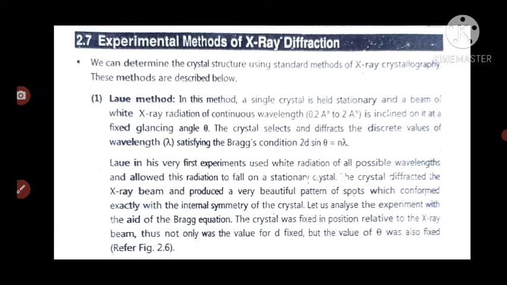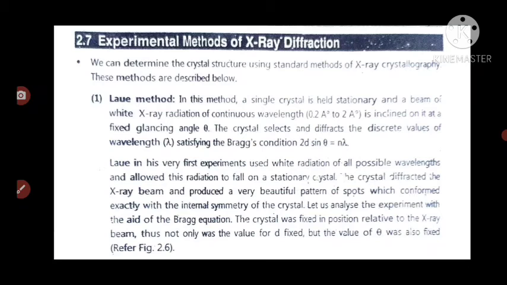That means that in this method, your crystal material is stationary, and the X-ray beam which is incident on this crystal material has wavelengths in the range of 0.2 angstrom to 2 angstrom.